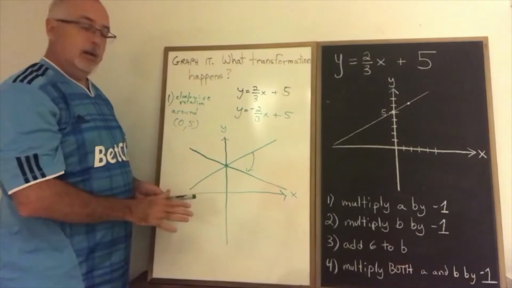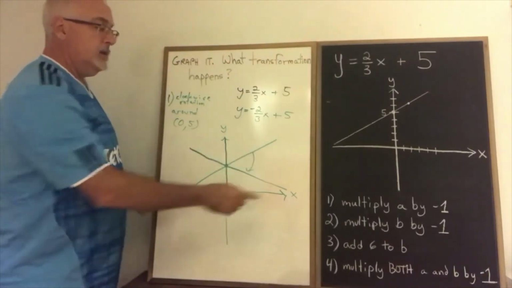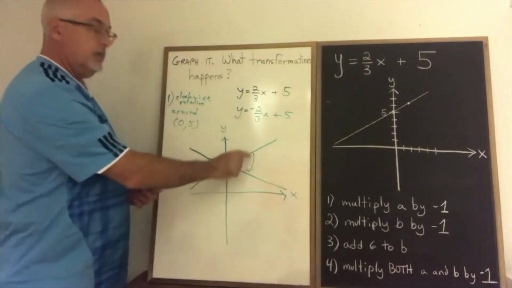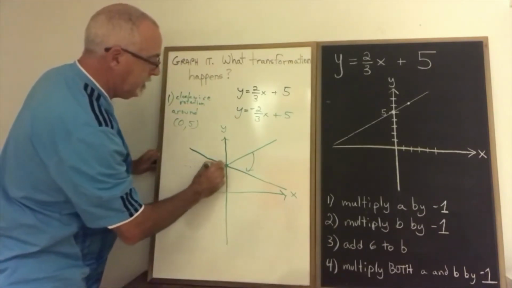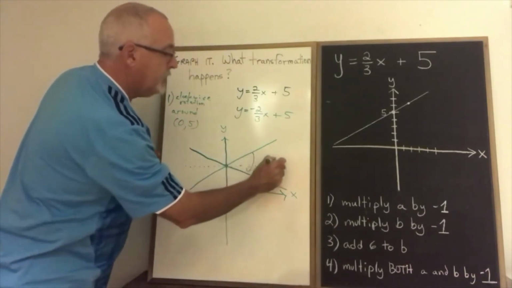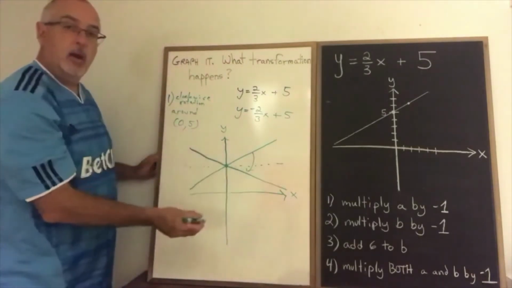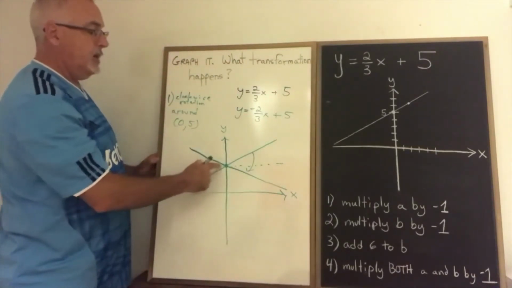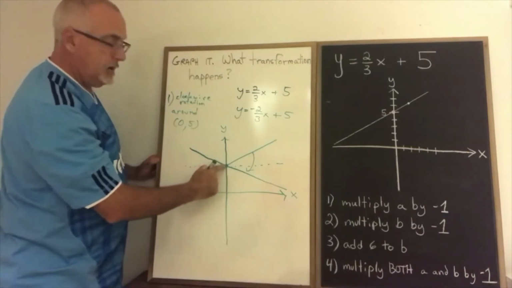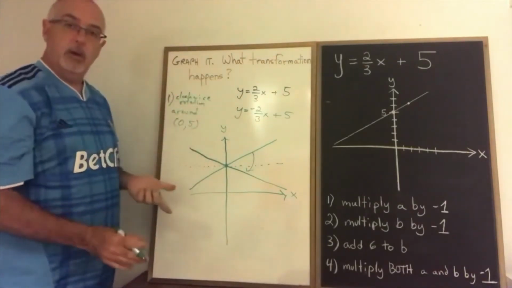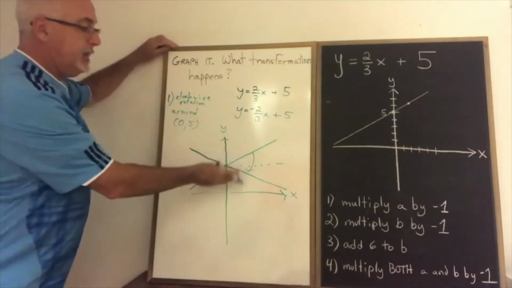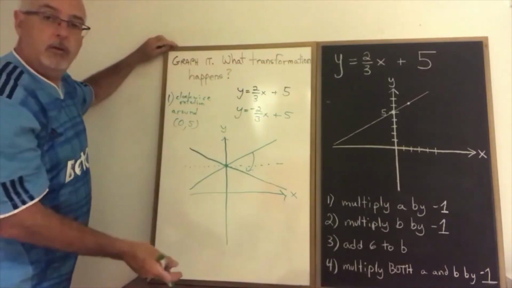But in fact, this isn't the only correct answer to part 1, because I can see a rotation there, but if I wish, I can also see a reflection across this horizontal line, which would have to have the equation y equals 5, because that y-intercept is 5. So I could say, instead of clockwise rotation around the y-intercept, I could say reflection across the line y equals 5.